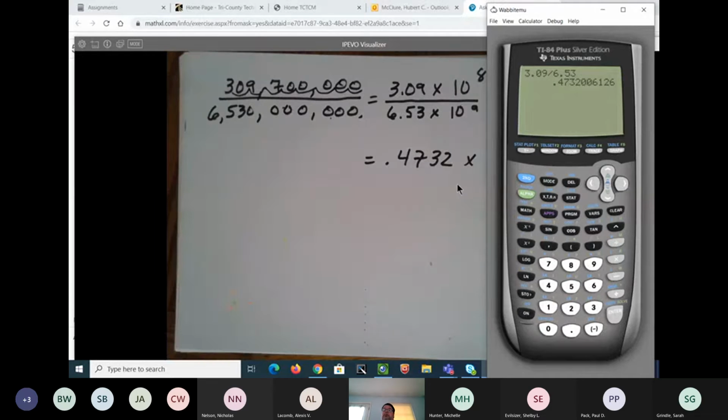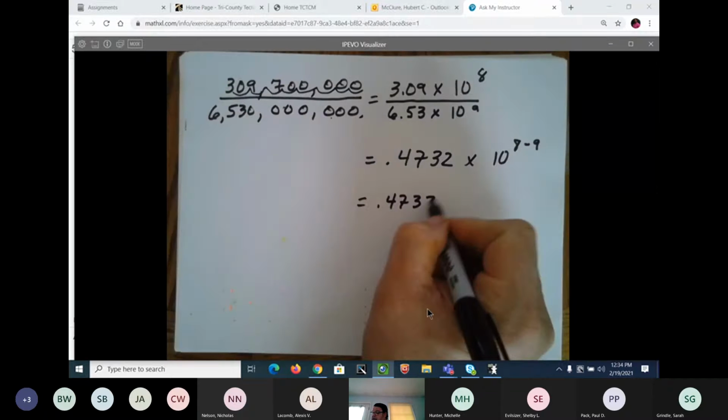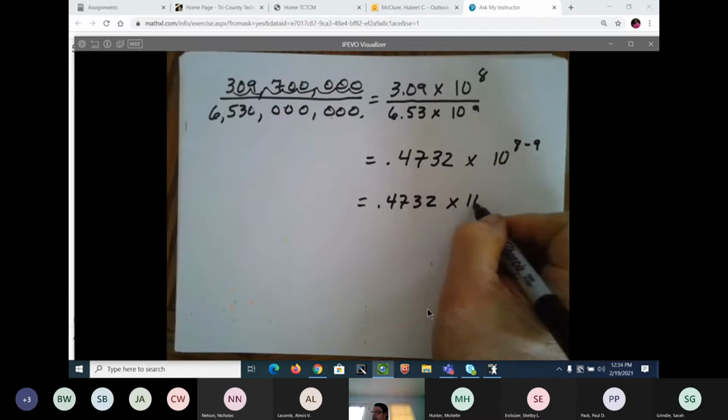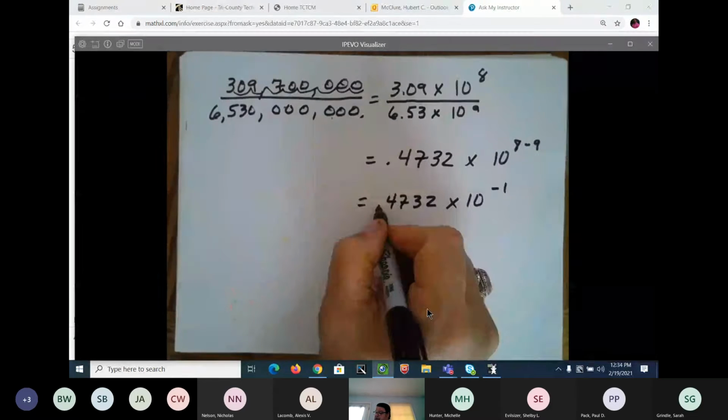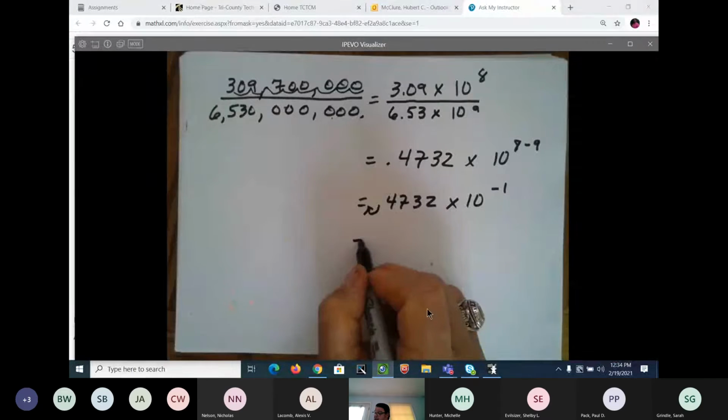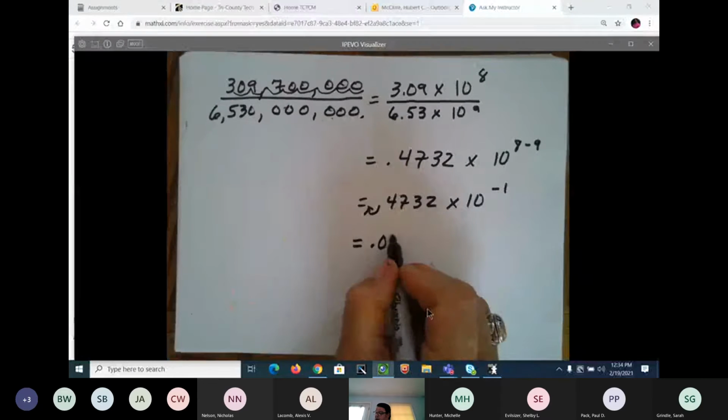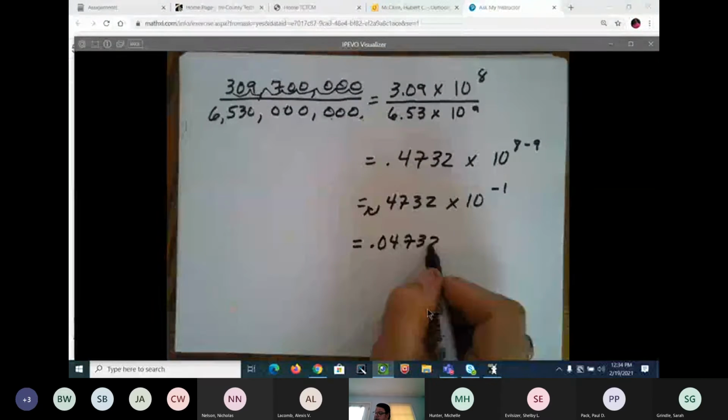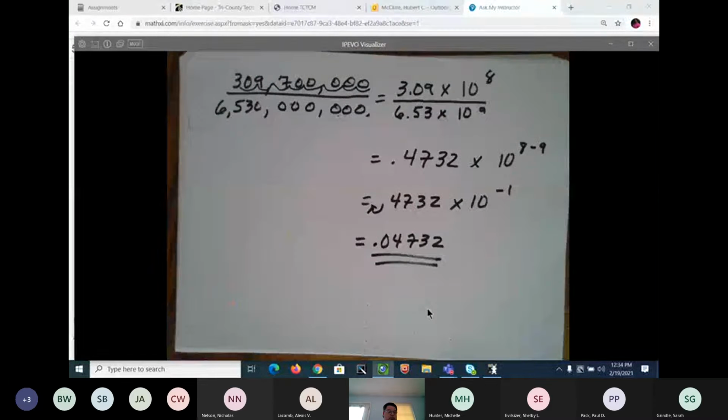And that will give me 0.4732 times 10 to the negative 1, which is 0.04732. And that's it. That's how you do the problem.